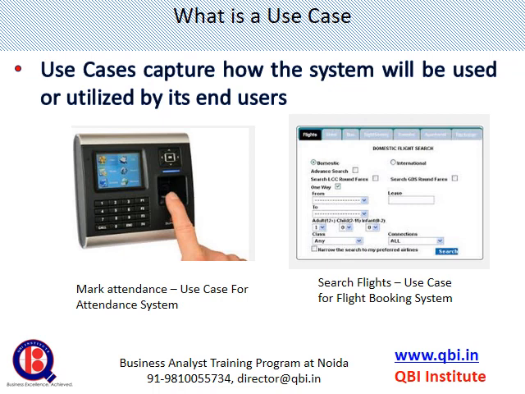So say for example, in case of an attendance system, a use case will be mark attendance. In case of a flight booking system, there will be a use case called search flights. So these are the two methods, mark attendance and search flights, which are use cases for the respective systems on attendance and flight booking.